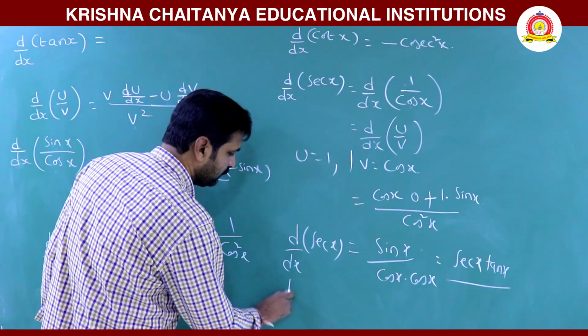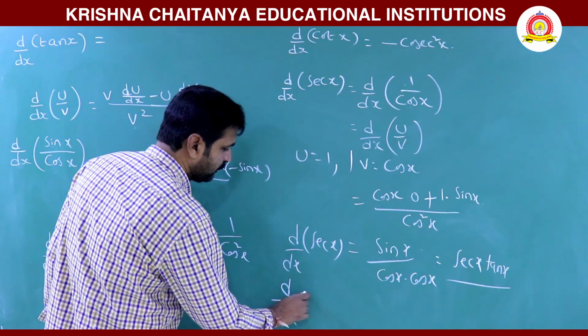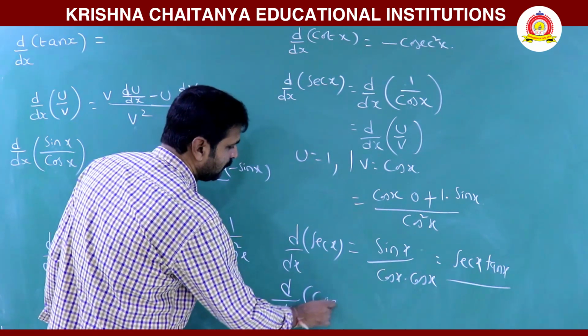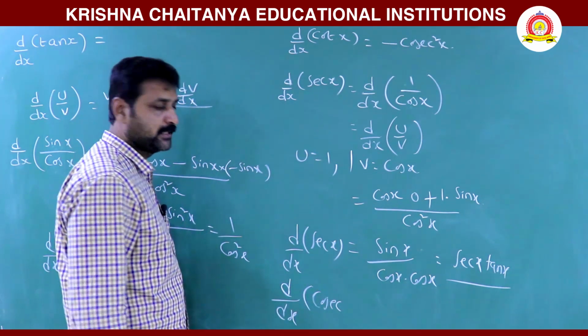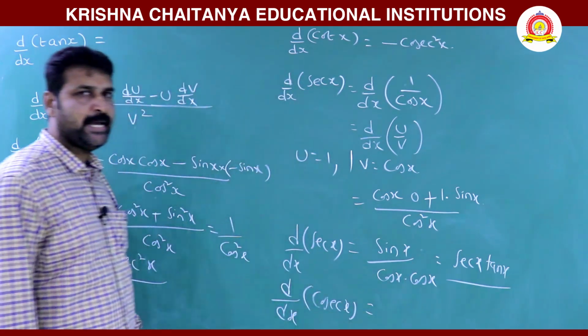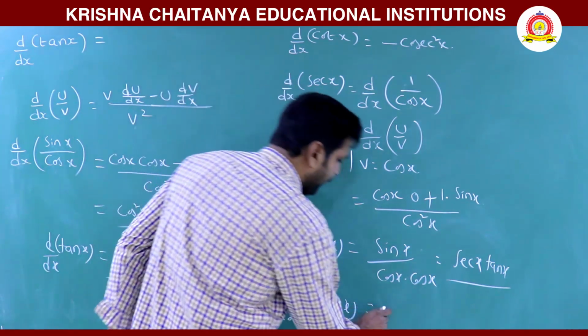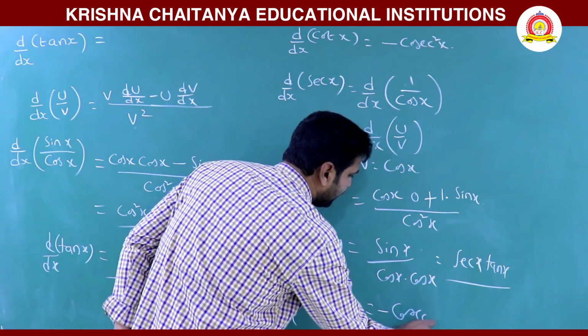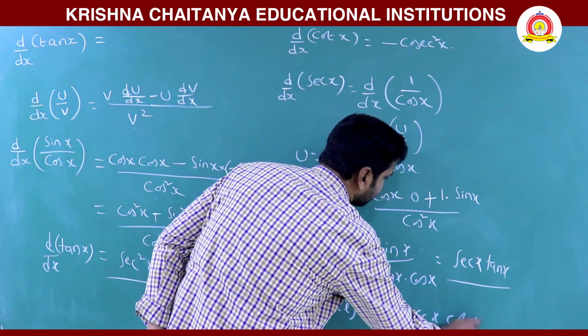Similarly, d by dx of cosecant x is minus cosecant x cot x.